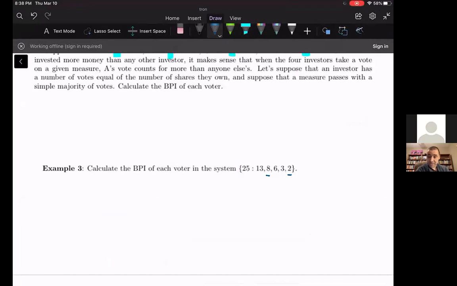Does voter B have 4 times the power as the last voter? They should, maybe, if they're investing or something. And we also focused on A and B. 13 is bigger than 8, quite a bit bigger than 8. So shouldn't that top voter have more power than the second voter? I mean, probably, but let's go see.